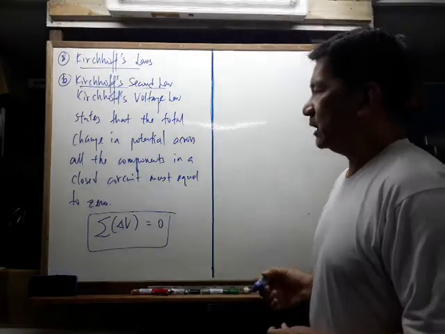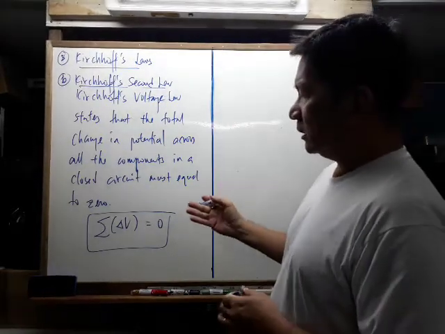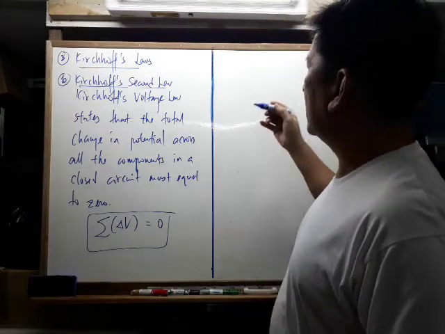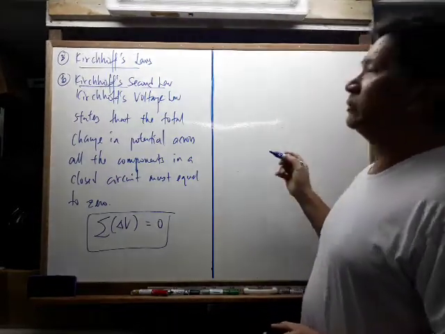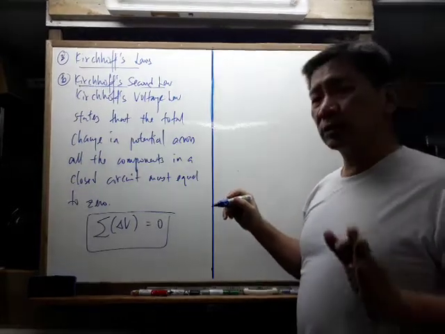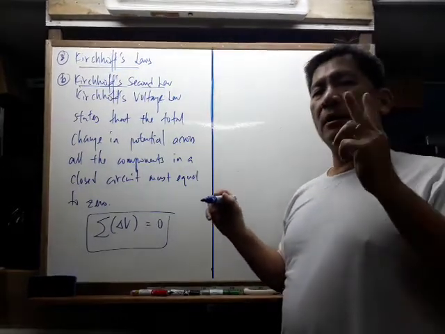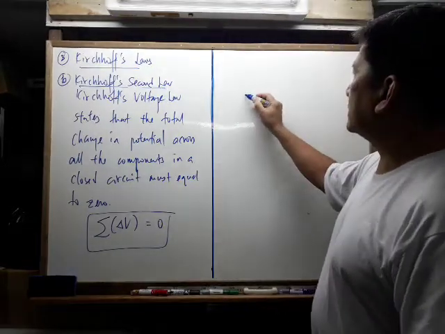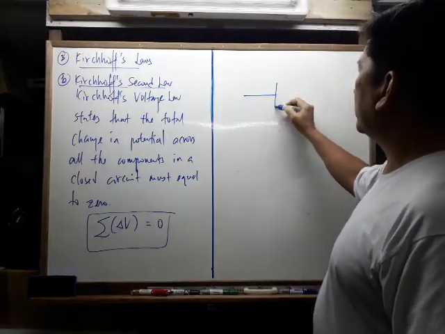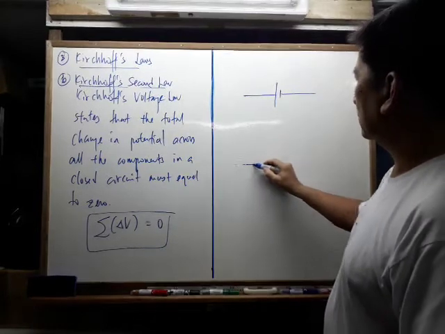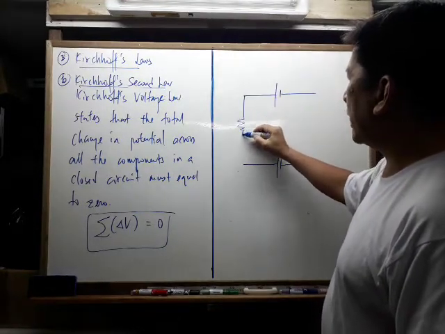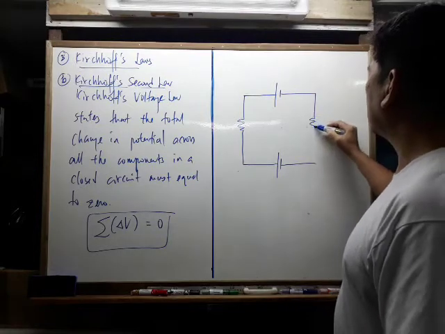So the physical understanding of this is, let's start with a simple diagram. A closed circuit that consists of 2 batteries and also 2 resistors. Okay, we have 2 batteries, all in series with 2 external resistors like that.